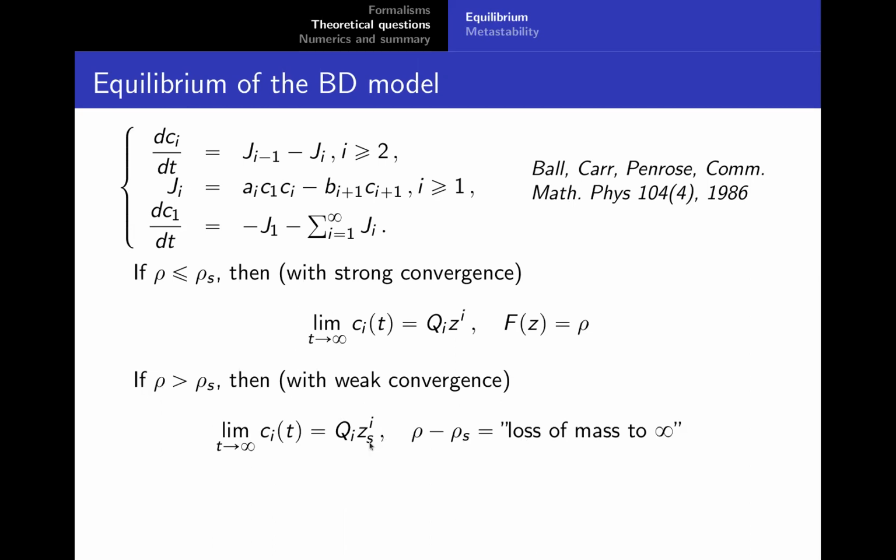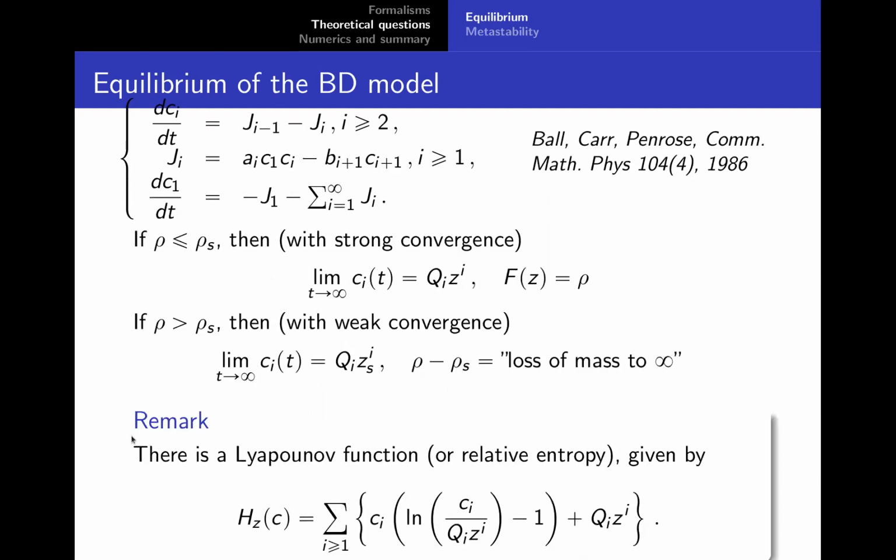So the critical one, which has the mass rho_s, which is the maximal allowed in the system. And this loss of mass, so the initial condition has a mass strictly higher than the steady state, so there is a loss of mass occurring at time infinity, is interpreted as a nucleation, meaning that the lost mass is going somewhere else in a different phase. And so it's interpreted as a phase transition. Some of the material has nucleated and leaves the initial phase.